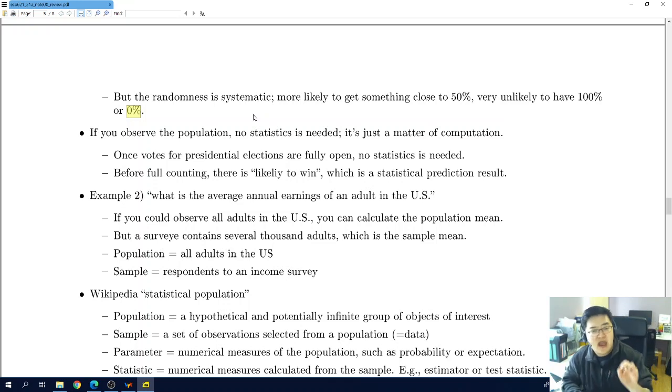But having 50% or 51% or 49% is very likely because that's closer to the truth. Simply speaking, when you throw 100 coins, the result will likely be close to the true parameter, and it's unlikely that extreme outliers will happen.